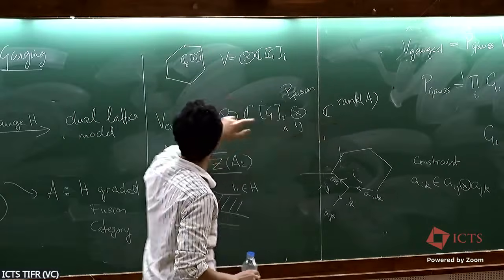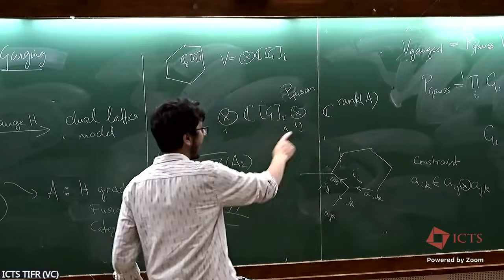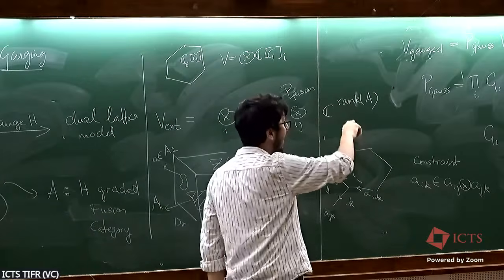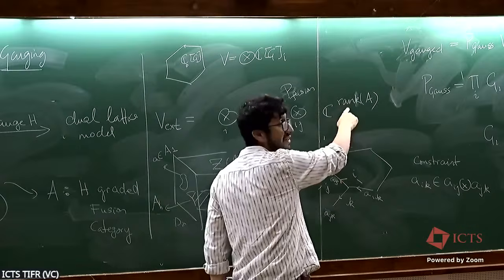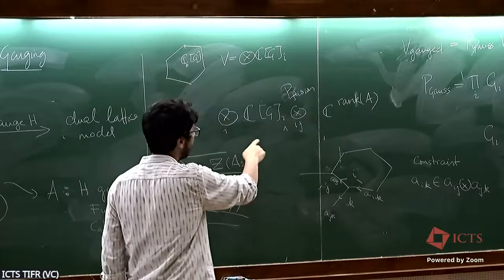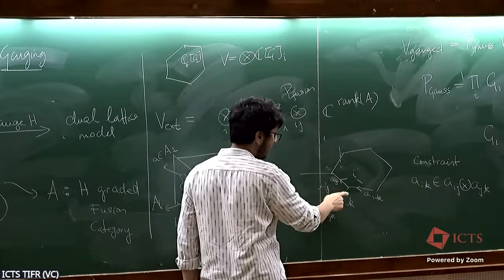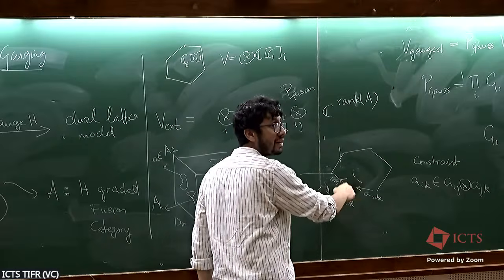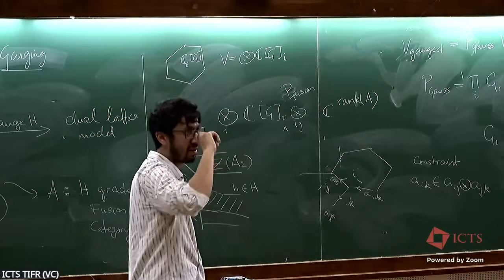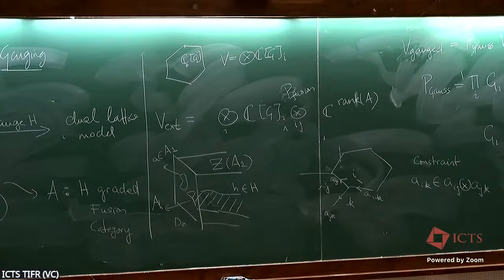So I don't need to add anything on the fusion spaces. So the only thing I add is degrees of freedom on the edges. And I add a state space whose dimension is the rank of A. Then I impose a fusion constraint, which projects onto the state space where the fusion in A is satisfied. So I'm describing the gauging procedure.